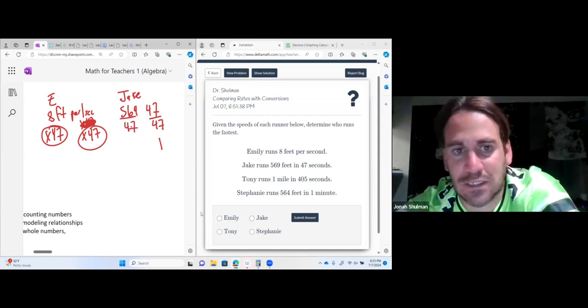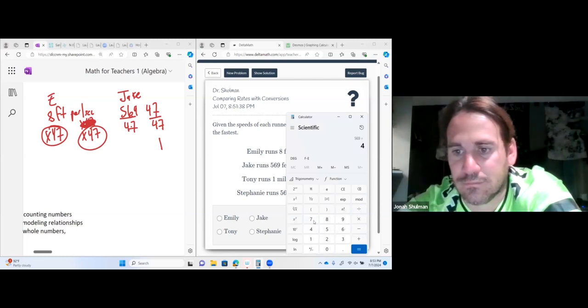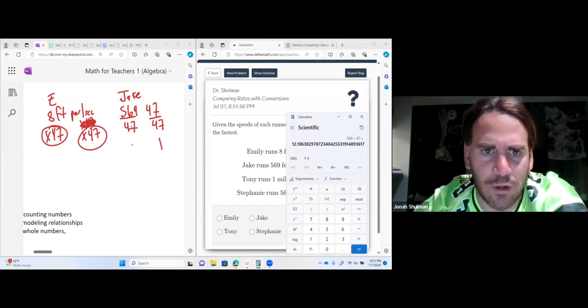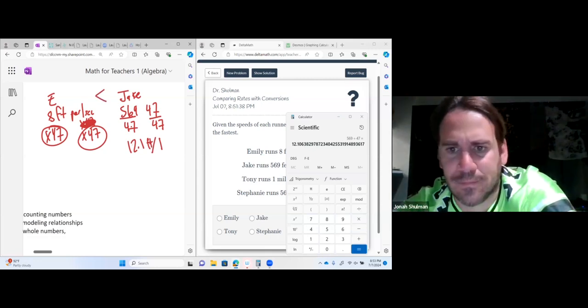So 569 divided by 47, we can use the calculator. So 12.1 feet per second. So far, Jake is faster than Emily.